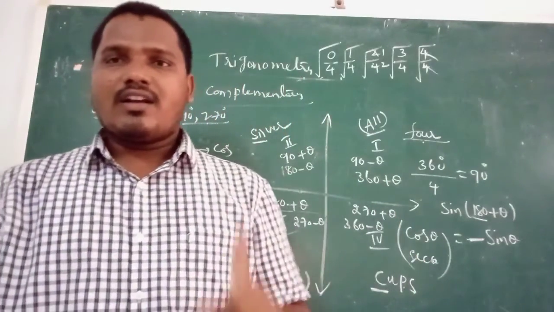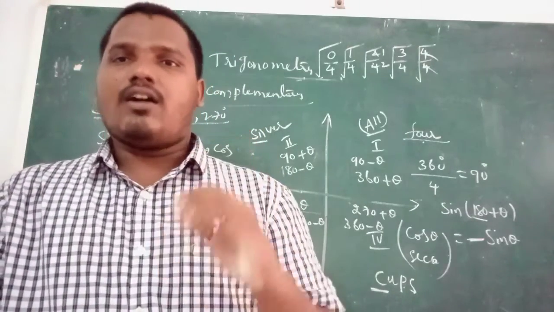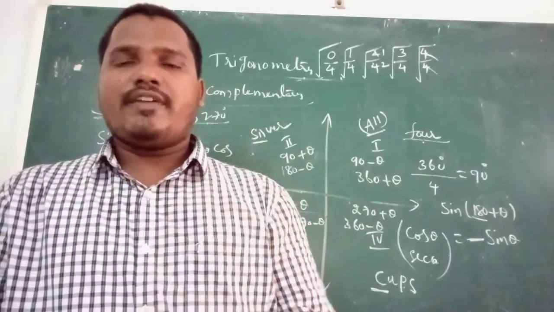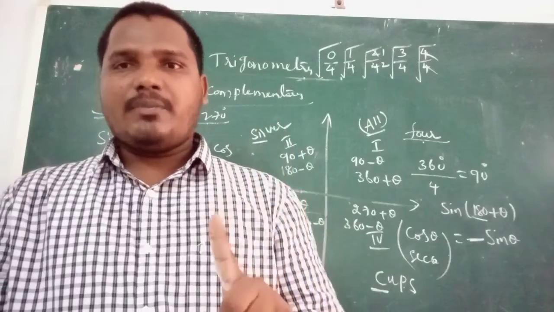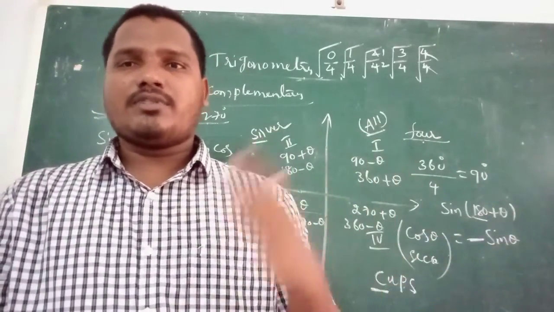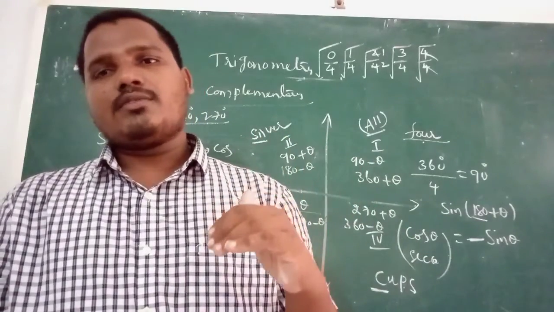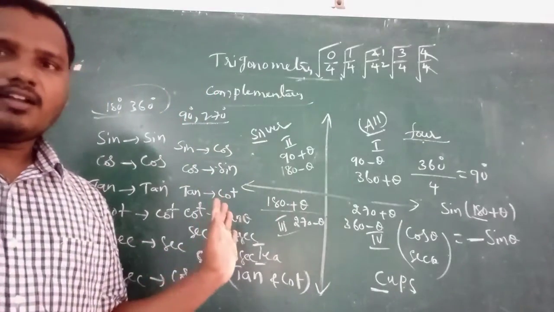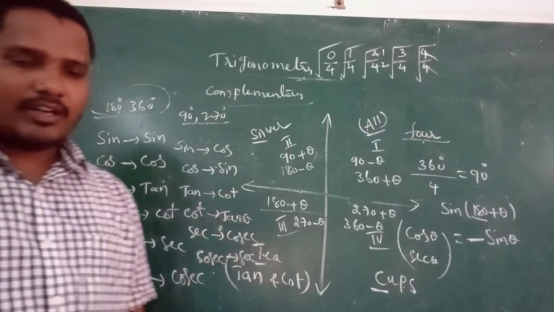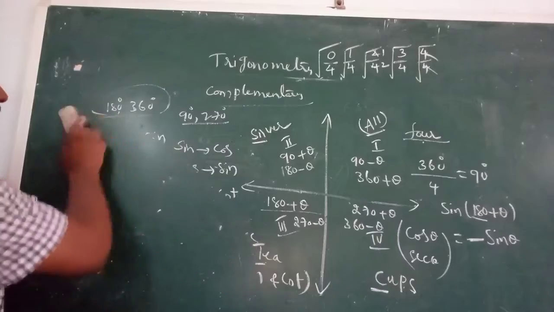If you are getting 90 or 270, 90 plus theta, 90 minus theta, 270 plus theta, or 270 minus theta, then sine becomes cos, cos becomes sine, tan becomes cot, cot becomes tan, and cosecant becomes secant, secant becomes cosecant. This is the procedure for trigonometry applied for allied angles. Then the identity formulas are there.